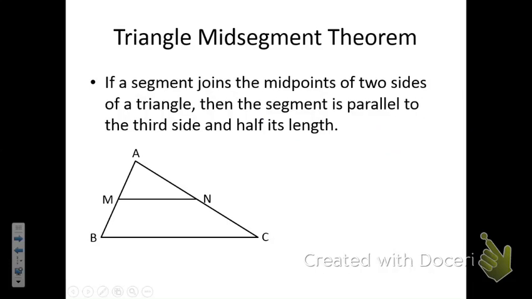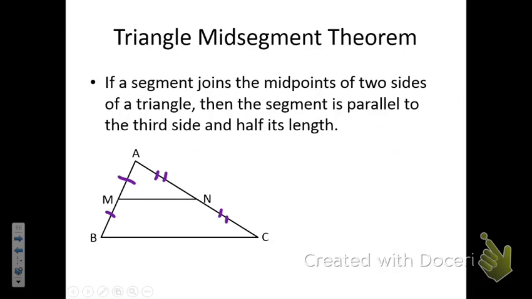So by knowing that I have a mid-segment, I also know some other things about my triangle here. Okay? The triangle mid-segment theorem tells me if a segment joins the midpoints of two sides of a triangle, then that segment is parallel to the third side and half its length. So let's think about what it's telling me here. First and foremost, if I've got a segment that's joining the midpoints of two sides, aka a mid-segment, like M to N, we've got those congruencies to show that.